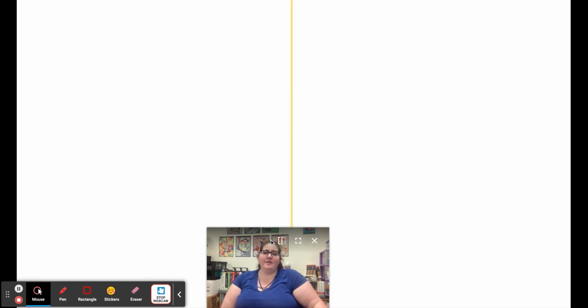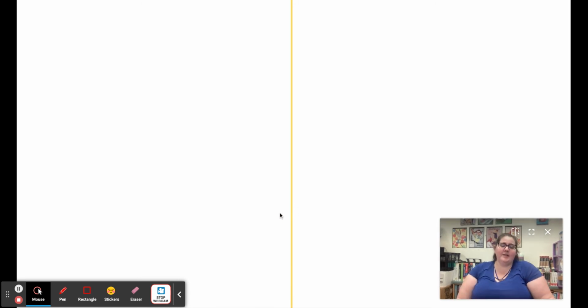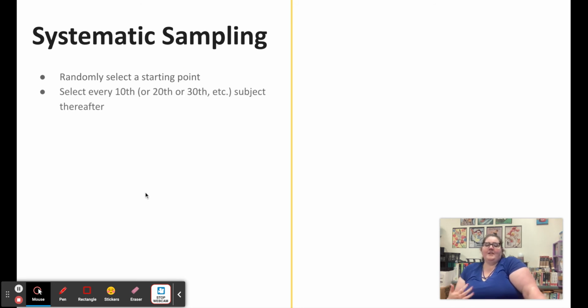Okay, we're going to more briefly talk through a couple of other types of sampling that we could see in a specific situation. These aren't as commonly seen, but they are used occasionally. So systematic sampling, you can see that word system means that we have a little bit of a system to it. Usually we'll randomly select a starting point, and then we select every 10th or 20th or 30th subject afterwards.